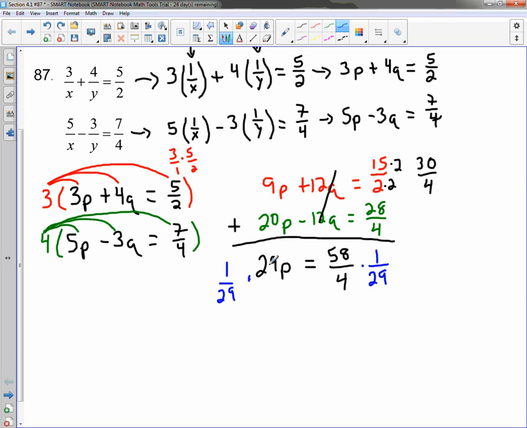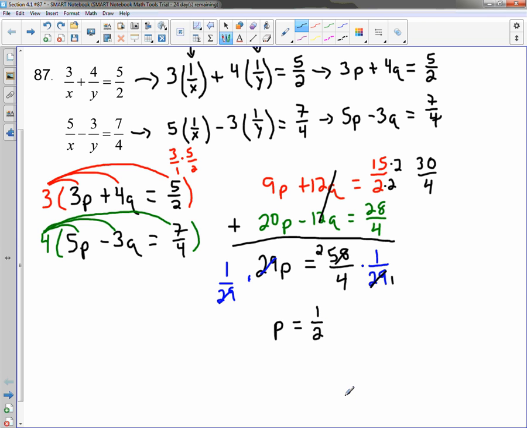On the left side, these reduce, leaving me with just p. And then 58 and 29 reduce. 29 goes into 58 twice. And then I can go ahead and reduce 2 over 4 to 1/2.